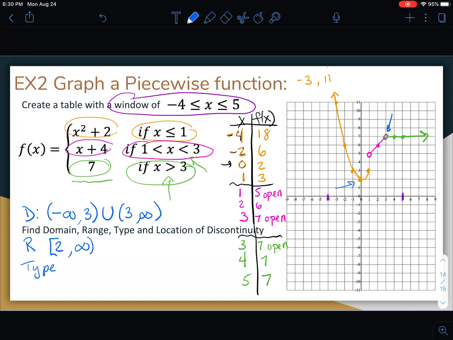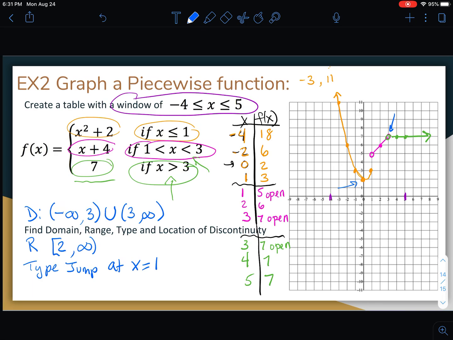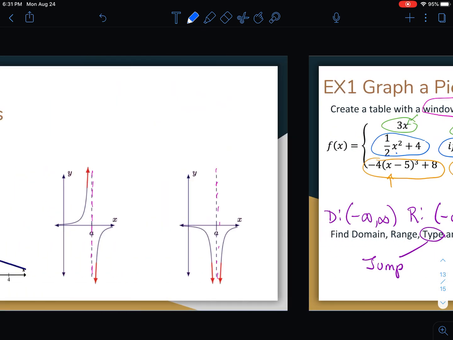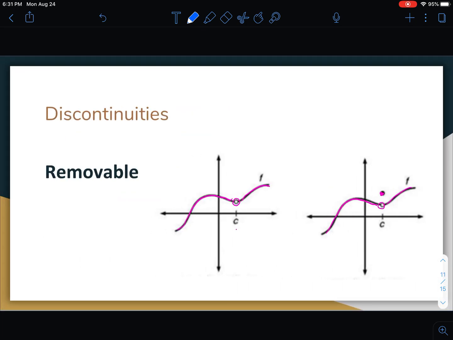Type of discontinuity. We actually have 2 discontinuities. We have a jump at x equals 1, and if we think of the other one, which other one are we looking at? If we look back at the pictures here, and hopefully I'm not flinging them too far, not infinite, removable.